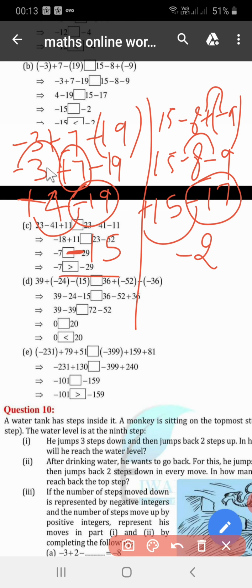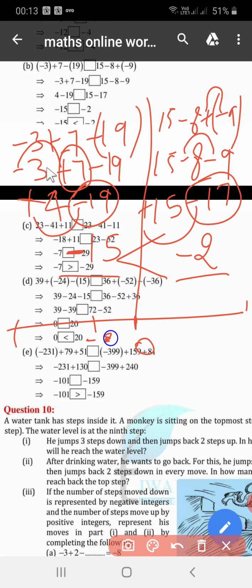Now see minus 15 and minus 2, which one is greater? Minus 2 is greater. Why? Because on the number line, if we see this is 0, minus 2 will be here, and this side will be minus 15.